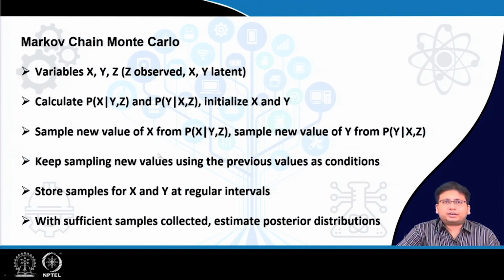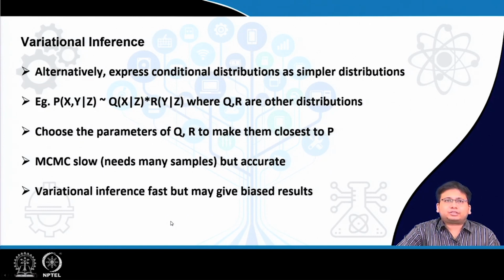We sample new values of each of the latent variables based on the previous values which are used in the conditions. As we are generating these new values, we store their samples at regular intervals. So, finally we have a set of sample values of x and also of y. Once we have sufficient samples, we can estimate the posterior distribution.